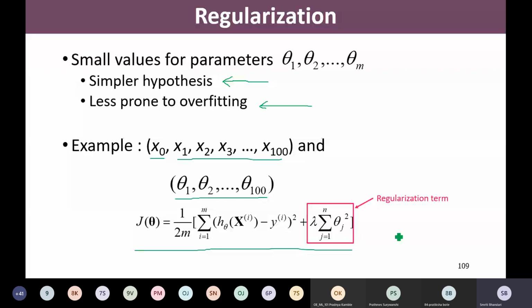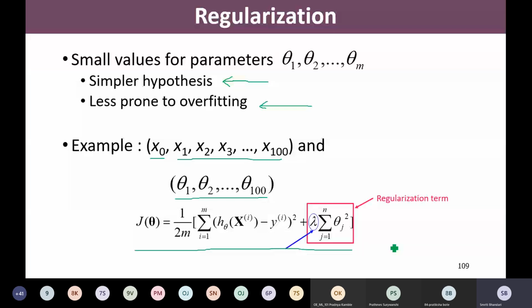To overcome this, we should make use of regularization. If we add this term in our cost function and try to minimize it, it is possible for us to address the problem of overfitting.